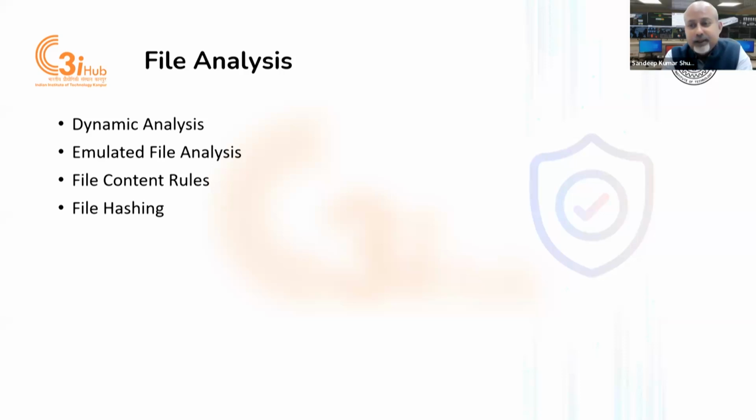For example, what kind of IP addresses or URLs it is trying to connect to, what kind of registry changes it is trying to make, whether it is creating any other files, what kind of system calls it is making, what kind of libraries it is loading, etc. This kind of information can give you a good indication of whether the file, when executed, has any malicious activity involved. So that's dynamic analysis.